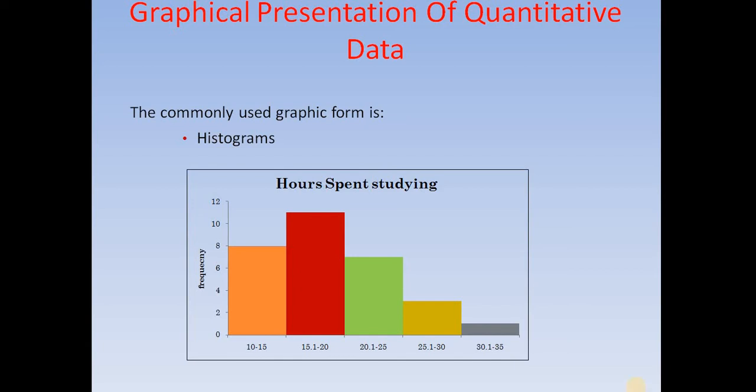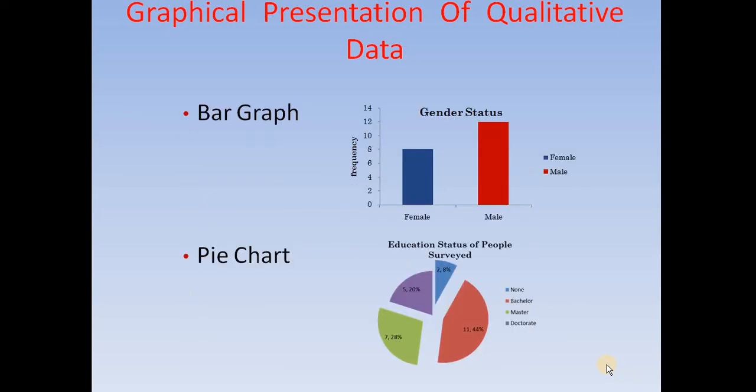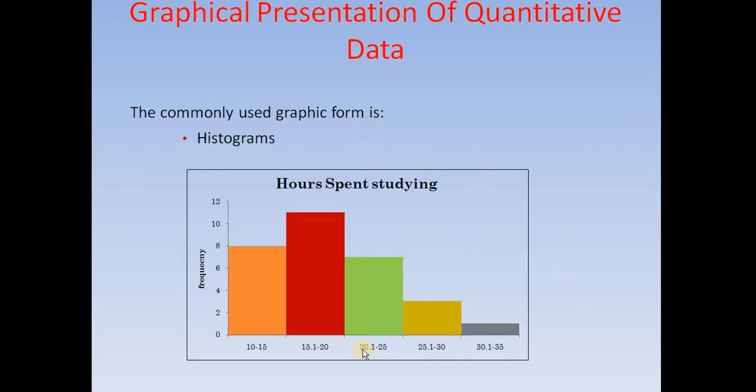The major difference between the bar graph and the histogram is that in a bar graph we can see the gap between the bars, and in a histogram we don't have any distance or any space or any gap between the bars.